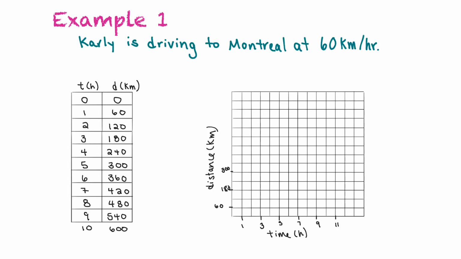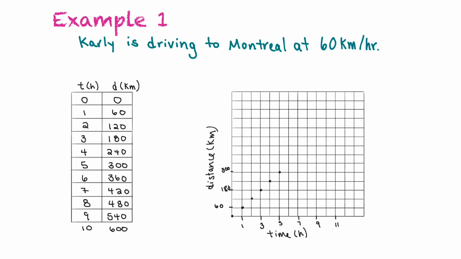So at time 0, we've gone 0 kilometers. After 1 hour, she's gone 60. After 2 hours, she's gone 120. After 3, 180. After 4, she's gone 240. After 5, she's gone 300.